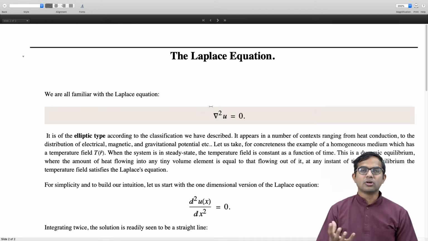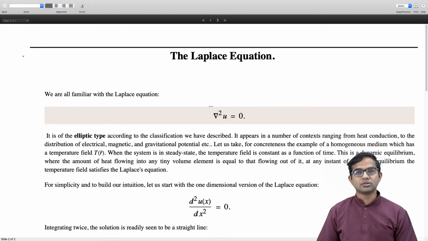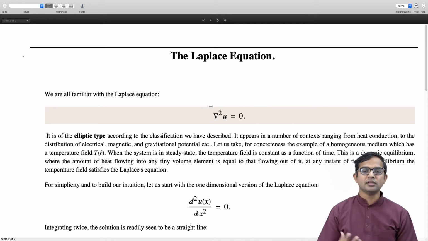So yeah, one concrete example is that of temperature fields, right? If you have a heat rod which has reached steady state, often we're interested in finding out the temperature profile of a heat rod or some object with some specific geometric shape. That's where many of the details of solving this kind of a PDE will come in, depending upon the geometry and the boundary conditions, and those things will come a bit later.